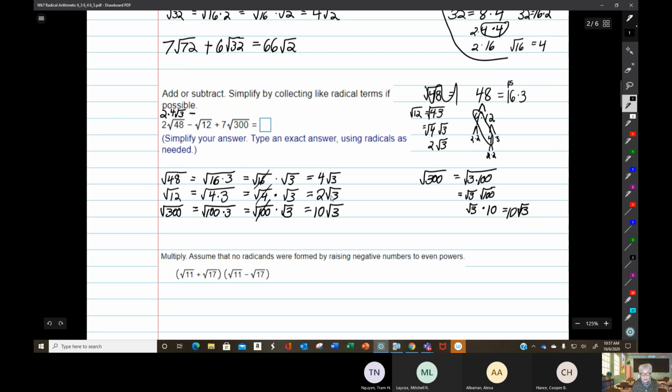Minus 2 times the square root of 3, because that's what the square root of 12 is, 2 times the square root of 3, plus 7 times the square root of 300, which is 10 times the square root of 3.